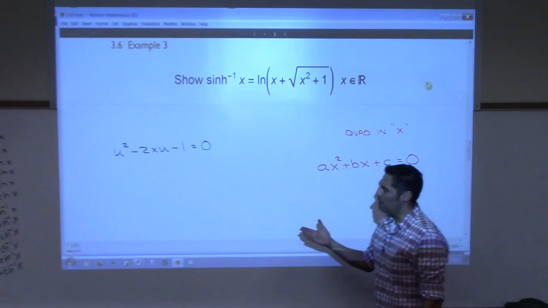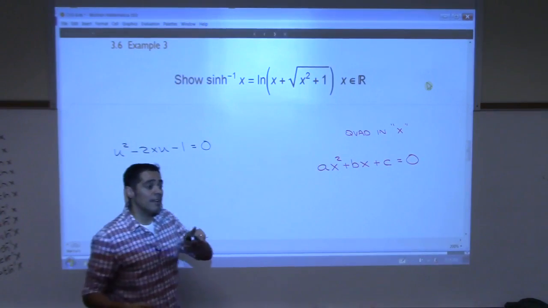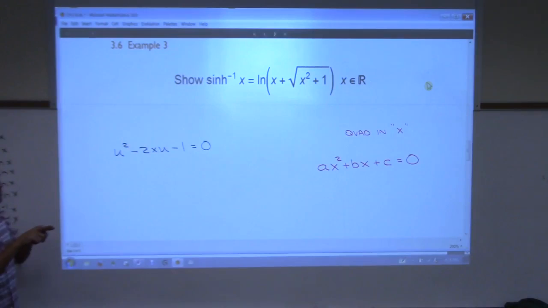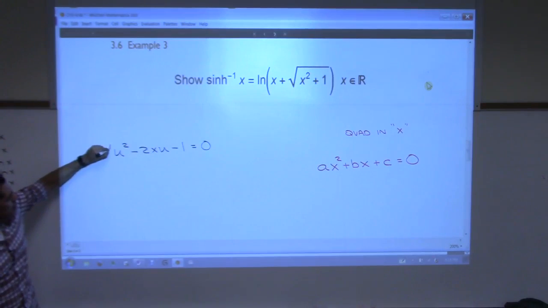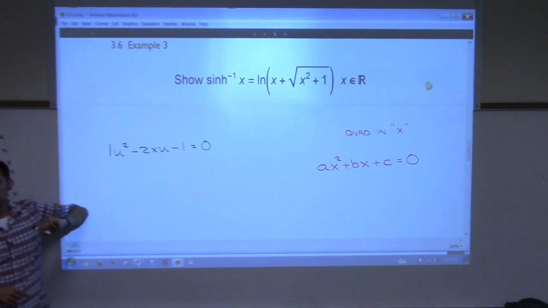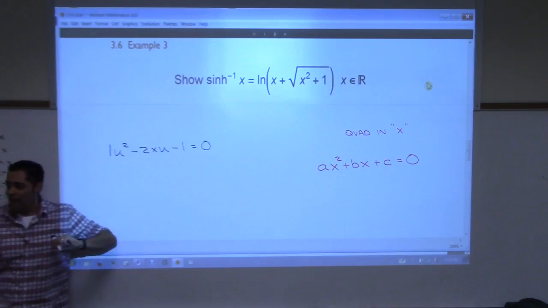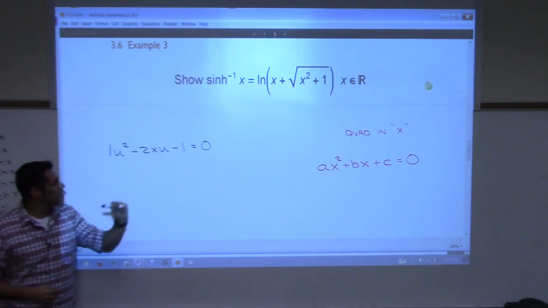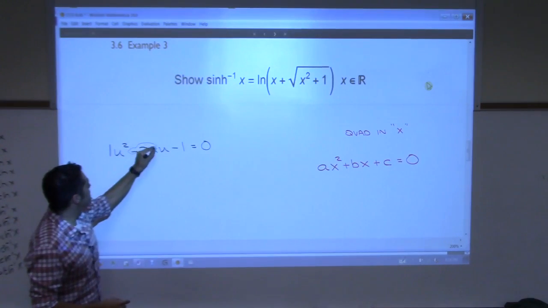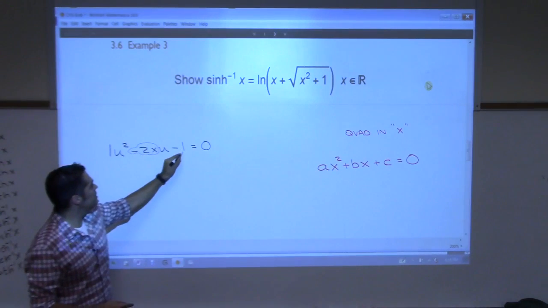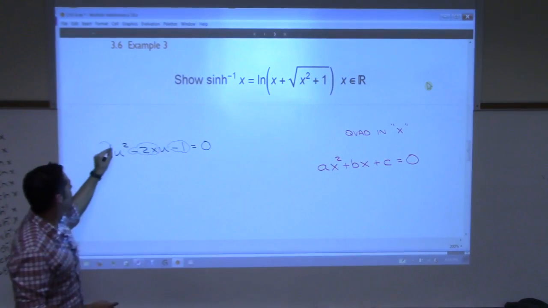When we look over here, you kind of see that it looks like a quadratic in u, right? Where the coefficient a is actually 1, the b is negative 2x, that's your b, and your c is negative 1. Do y'all follow me?